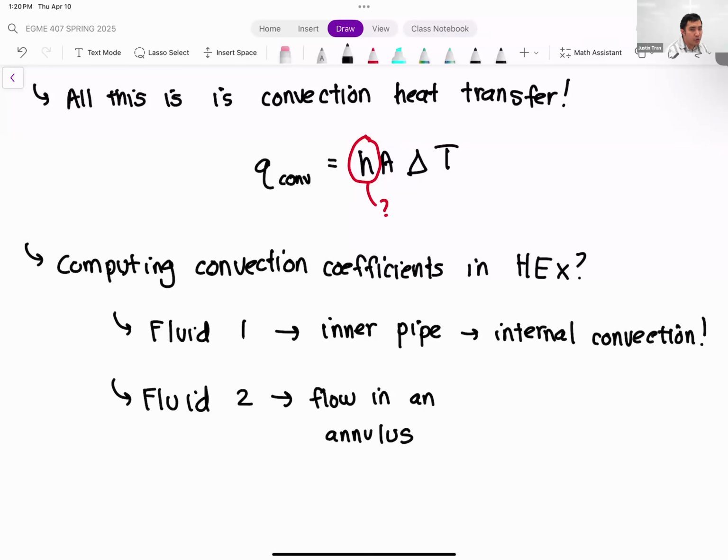And so that does change our fluid mechanics a little bit. That does change our velocity distributions and our temperature distributions. So we're going to have to change things up a little bit. So this here is new. We need to discuss how we're going to solve for the Nusselt correlations in this case. Okay.